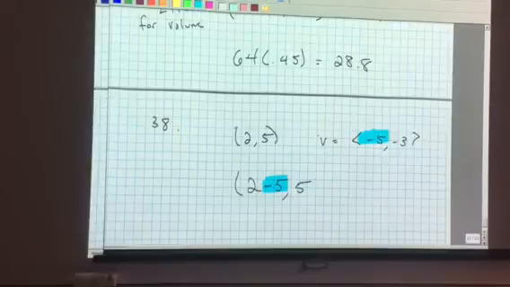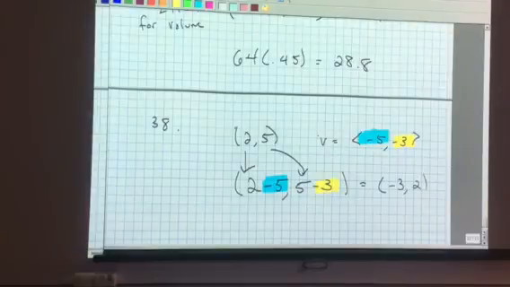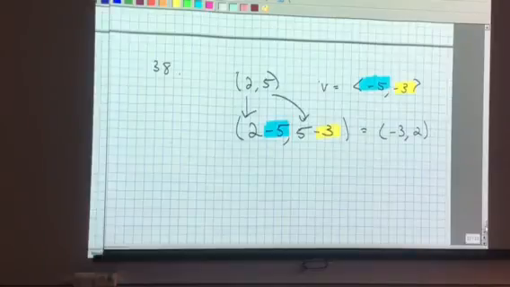And then we have the 5, and then we have to subtract 3 from it, our y direction. So when we do this, 2 minus 5 is -3, and 5 minus 3 is 2, and that is our new point where it would be after we translate it.